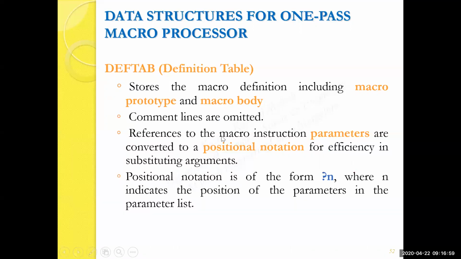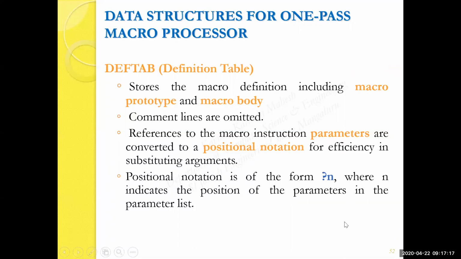Again, when the statements that form the body of the macro are saved into the definition table, all parameters are replaced with positional notations. The positional notation is of the form $n, where n indicates the position of the parameter in the parameter list.